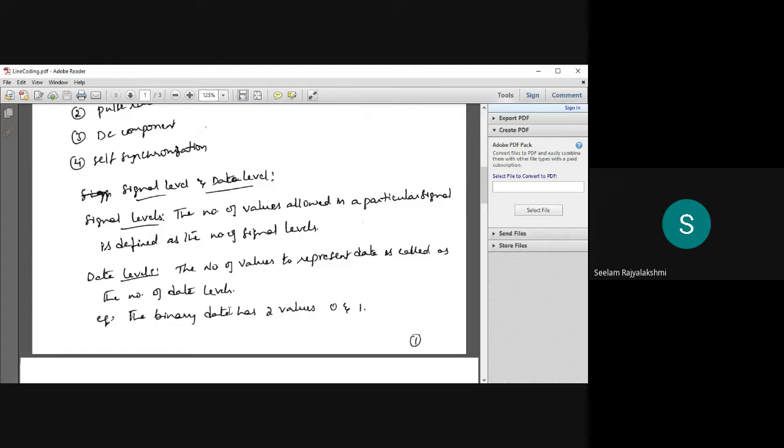If you consider binary data, we have only zeros and ones, so the data levels are 2. If you consider the octal system, we obtain 8. Here we have considered binary, so it is 2. For octal, we have 8 values. Let us see the diagram.